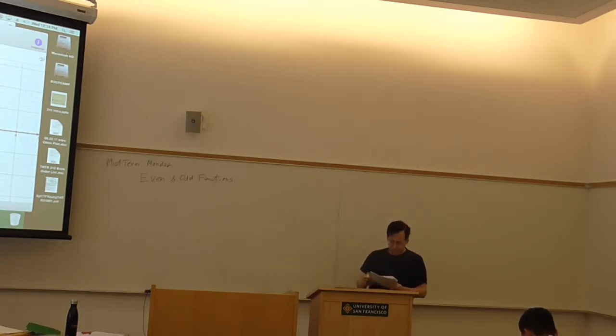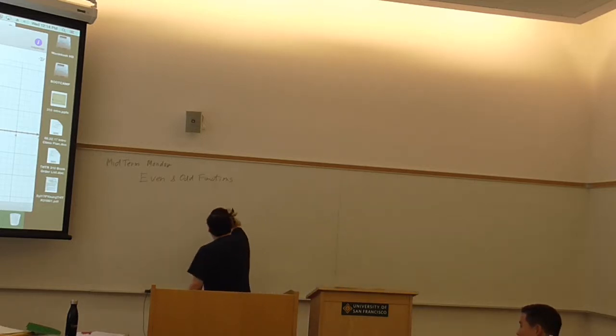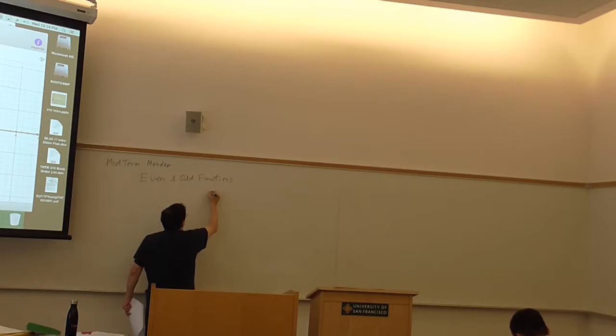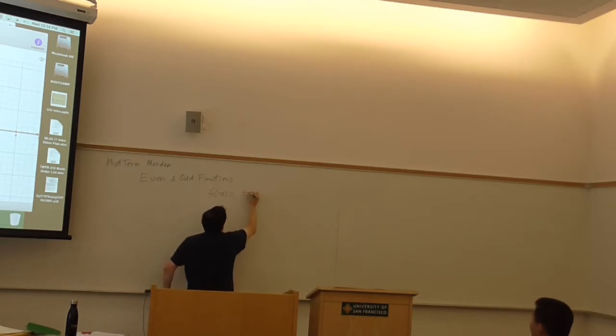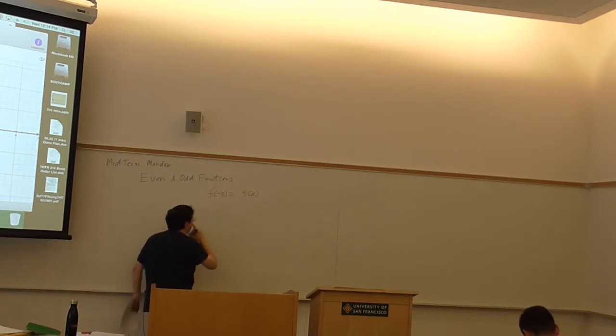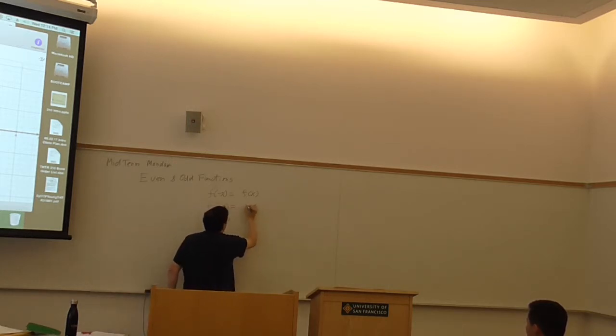Exam, right? Well, okay. Let's see, what would that mean? If it's even, then f of minus x would equal f of x. But if it's odd, f of minus x would equal minus f of x.